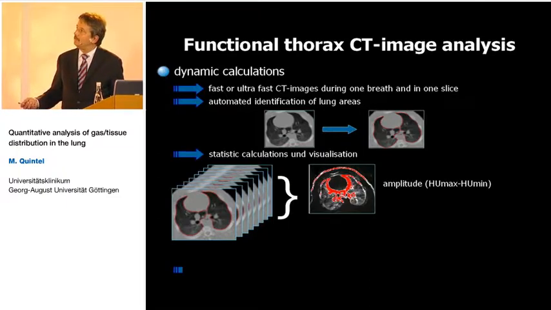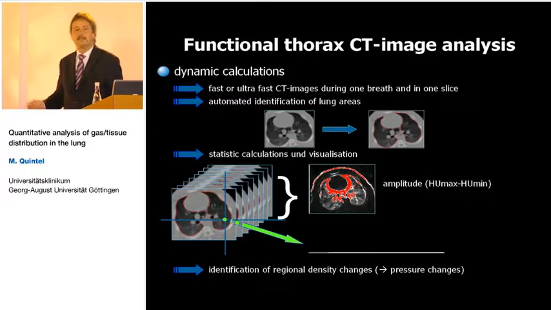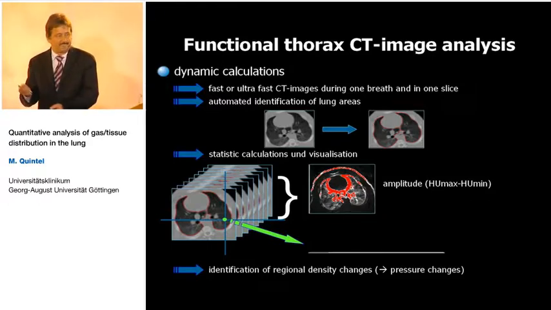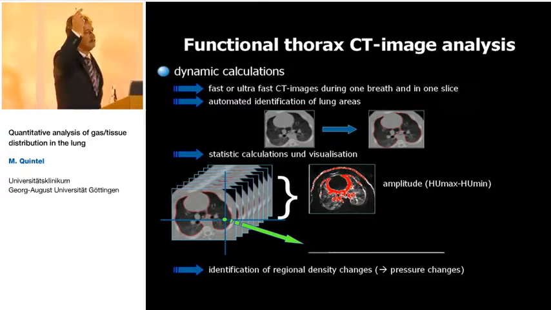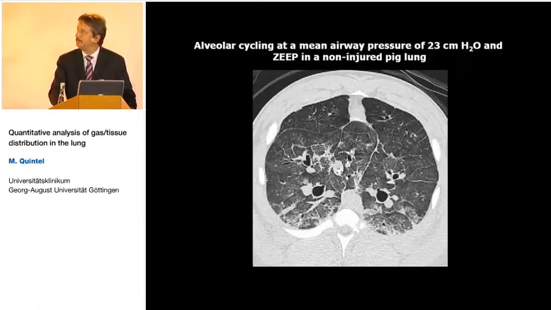Then you can calculate indices, looking at the amplitude, the maximum Hounsfield number, the minimum Hounsfield number, and then you can look at the regional density changes, and it gives you a picture like this, breath by breath. Maximum Hounsfield change up and maximum Hounsfield change down.